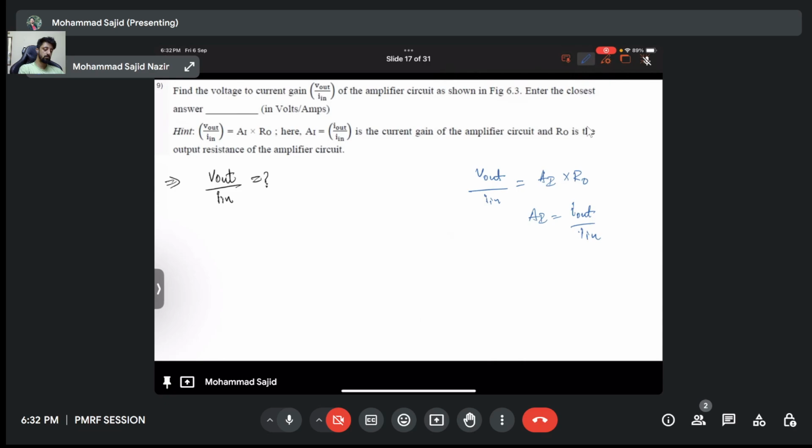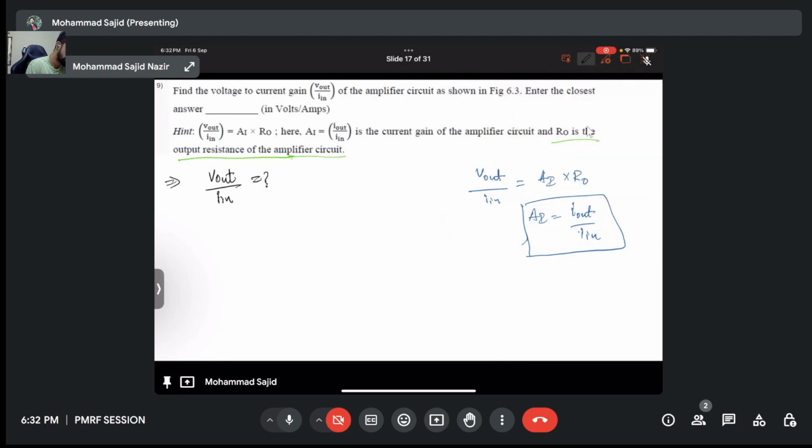So I output multiplied by R output is equal to V output. So we need to find the current gain of the amplifier, and R naught is the output resistance. So this makes our solution easier.